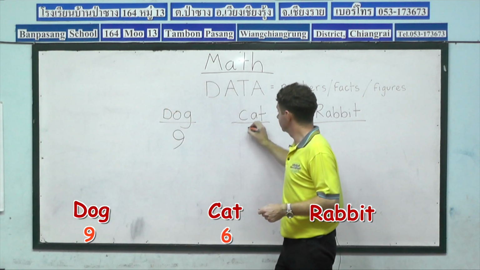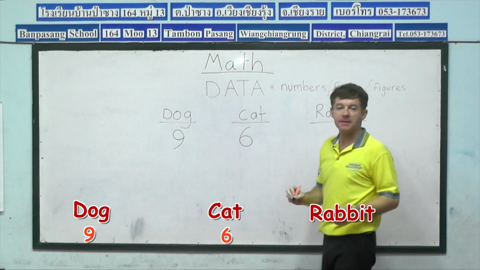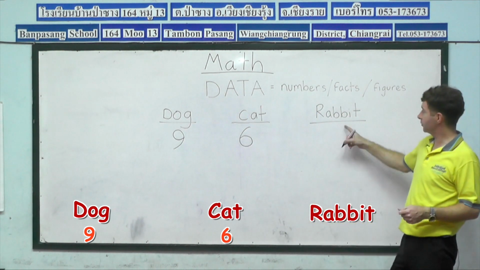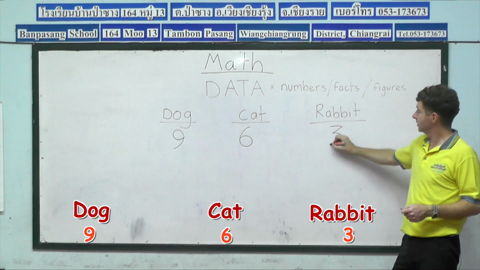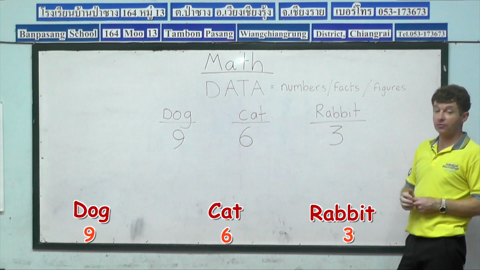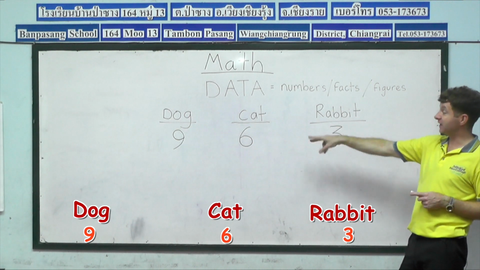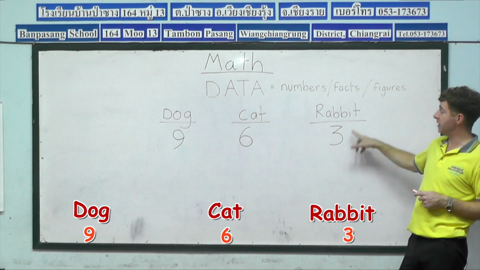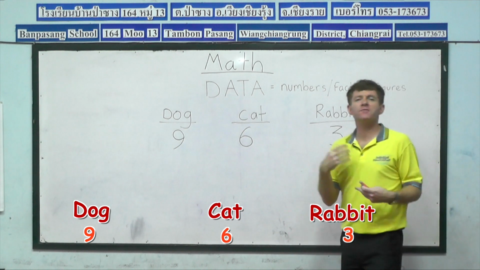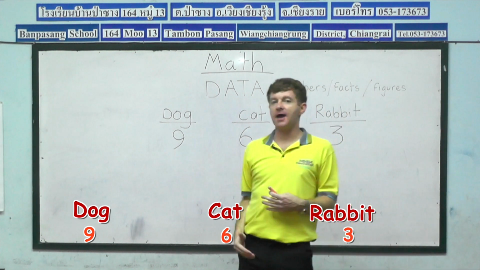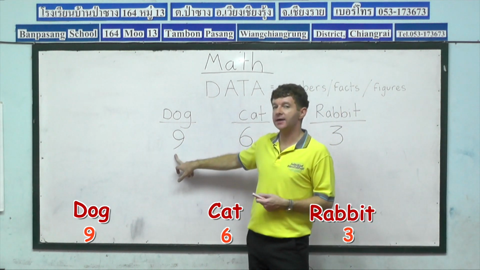Okay. How many rabbits? 3 rabbits. Okay. So we have our total. We have 9 dogs, 6 cats, 3 rabbits.